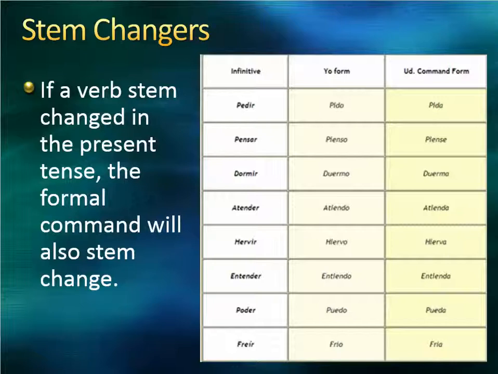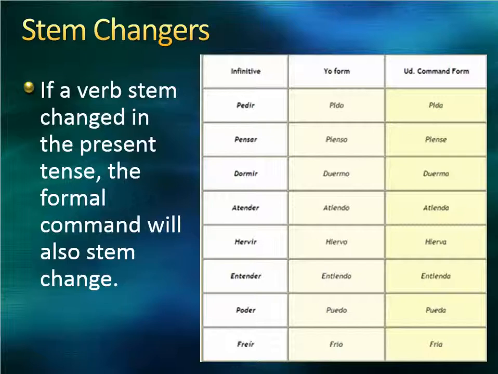Okay, so pensar. Pienso is the yo form. Okay, it's an AR verb, so I'll change the ending to an E. Piense is the command. Dormir was an O to UE stem changer, so the yo form is duermo. I will keep that stem change, but I will change the E that should be on the end to an A and call it duerma.